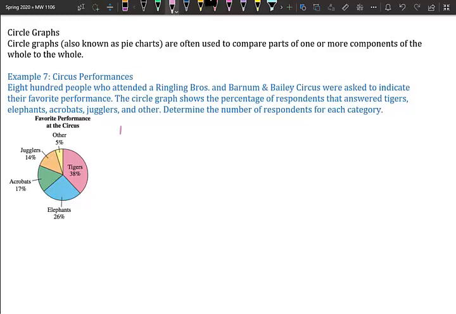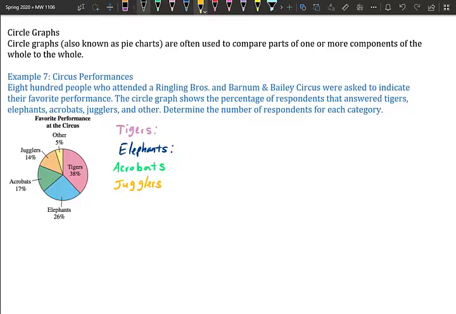All right, so we have tigers. Elephants. Then we had acrobats. Jugglers. And then we have other.